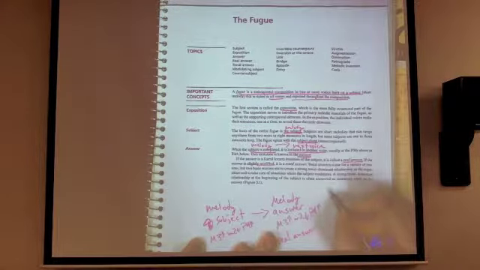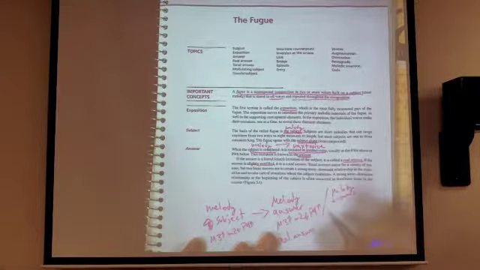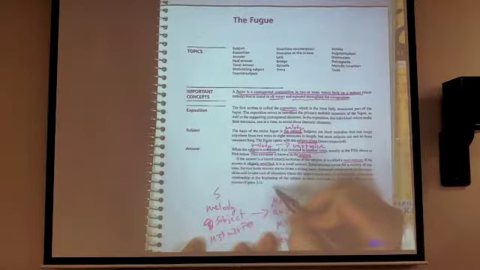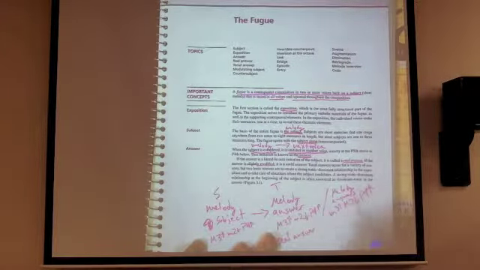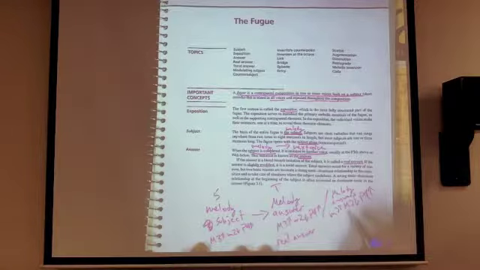So maybe your melody answer in the other voice, so maybe this is the soprano and this is the tenor, your melody voice is going to be maybe, I don't know, a minor third up, say, and a major second down, and then a perfect fourth up. All right, so it's really similar, but maybe not exactly the same. This is what's known as a tonal answer.